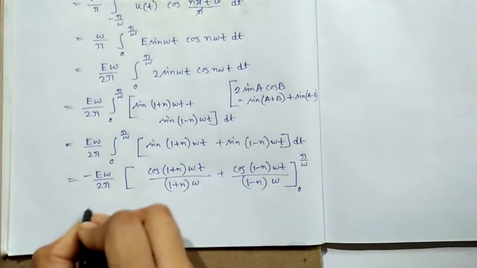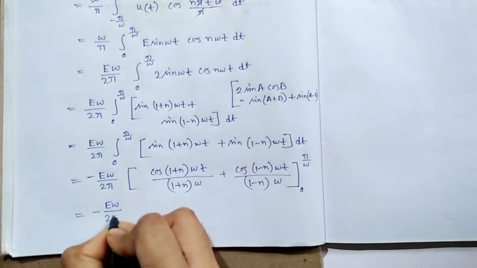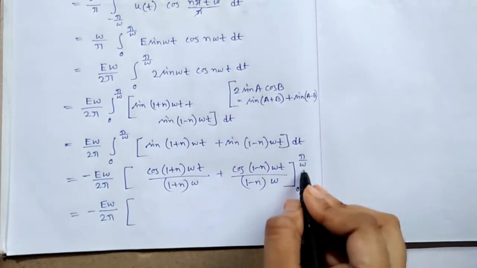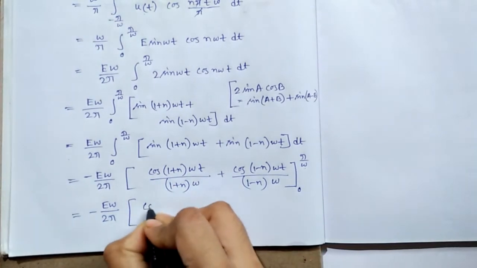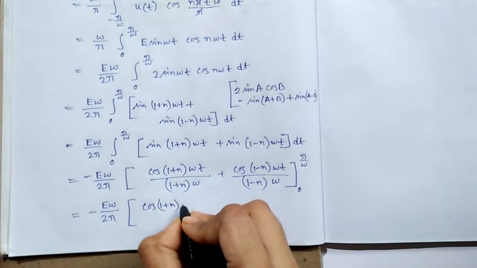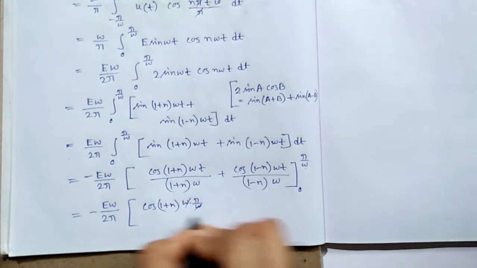Now this is equal to minus E omega by 2 pi. Now put pi by omega in the place of t. So we get cos (1 plus n) omega into pi by omega. Omega cancels out.